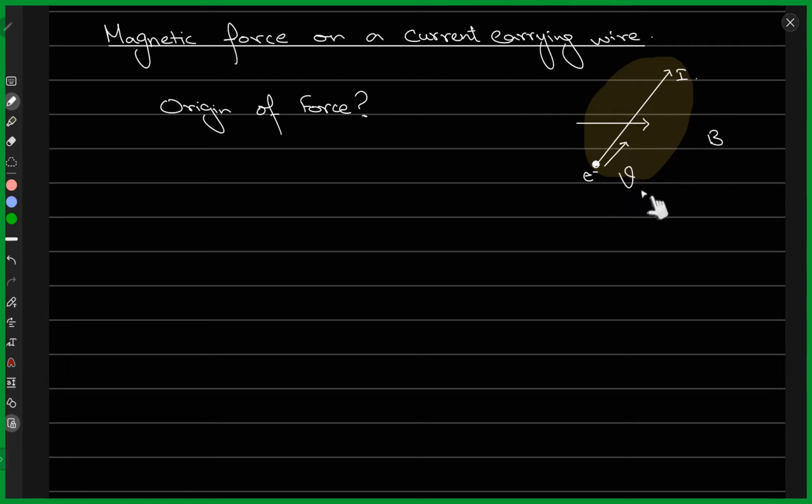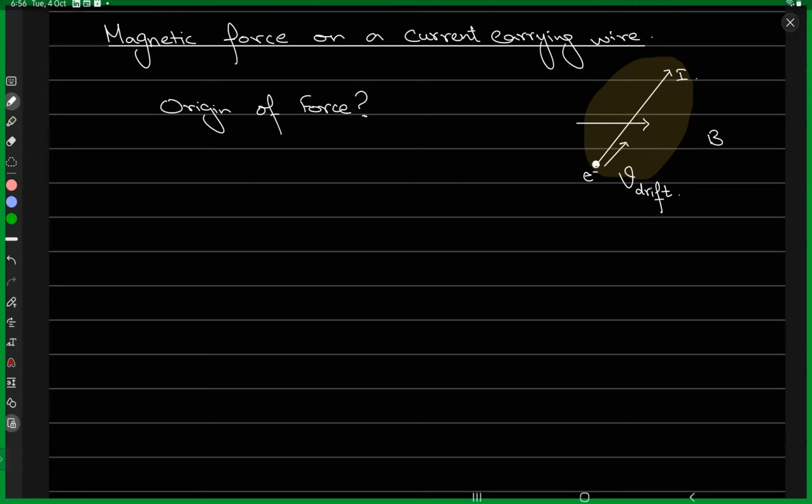This velocity is what I'll call v drift. Now, what is that? Drift velocity, basically, because the charges are sitting in a magnetic field, their path will drift along because of the magnetic force. So with what velocity do they drift? That is known as the drift velocity.